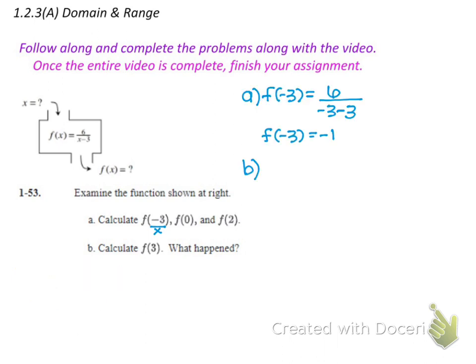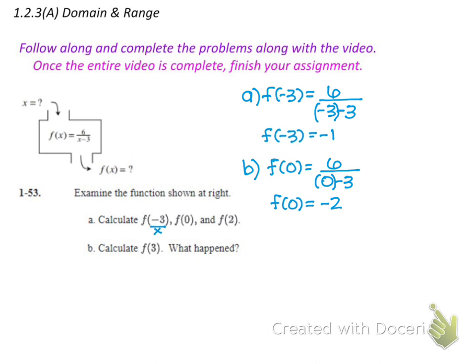So I went ahead and moved my work over to the side here. I feel like we're going to run out of room on this screen. So let's go to f of 0. It's still in the x location, so I'm plugging it in for my x. Oh, forgot my parentheses. So go ahead and pause. Type this in the calculator, see what we get.